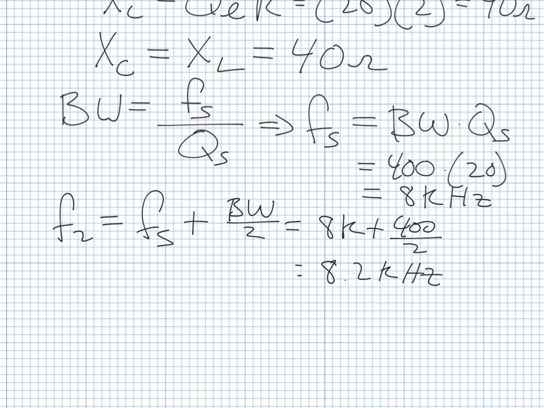All right, and then the other way, F1, and the way I defined them, would be the resonant frequency plus half of the bandwidth again.